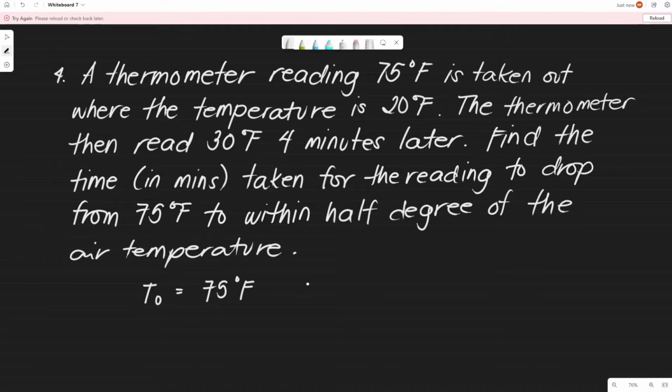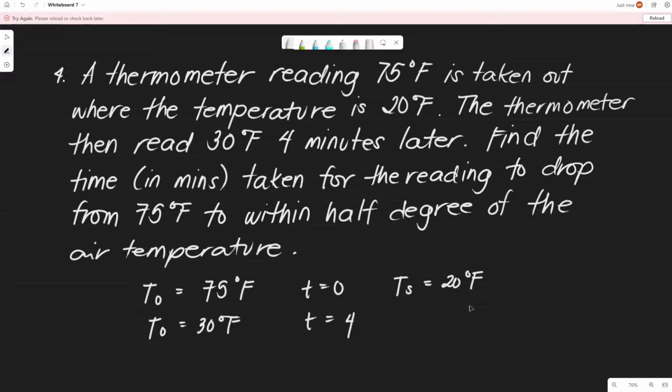T sub S, the air temperature, is 20 degrees Fahrenheit. After 4 minutes, the temperature is 30 degrees Fahrenheit.